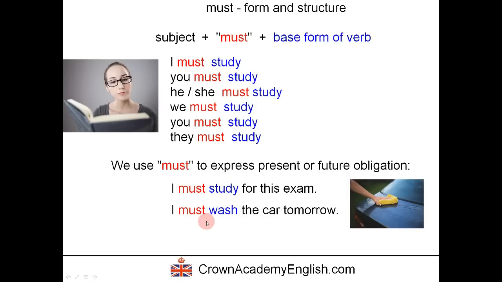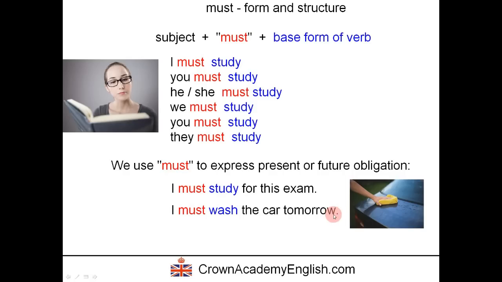And here is an example with a future meaning. I must wash the car tomorrow. So it's exactly the same form, but now we are talking about the future. And to make that clear, we have used the word tomorrow.